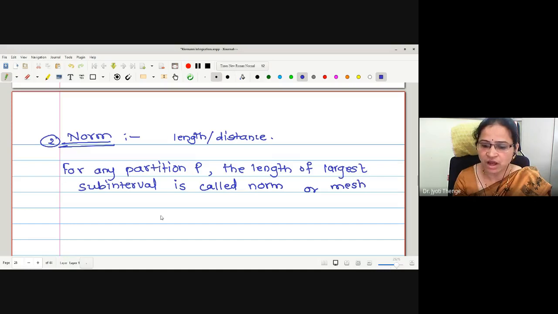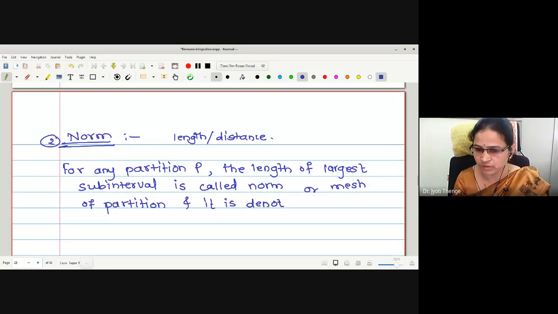Mesh is the another word. Norm or mesh, okay, and it is denoted by mu. Mu symbol we are using, and it is denoted by mu of P or mu simply.